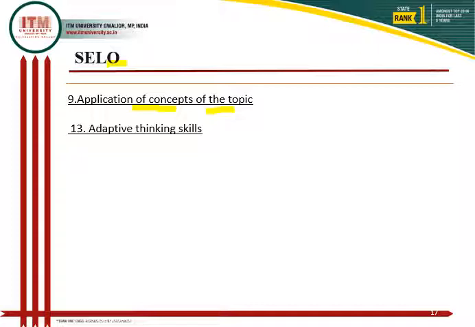And the second one is adapting thinking skills. Keep thinking, as we have discussed the various types of saturated, unsaturated and aromatic compounds, which should be judged with respect to the quality of the crude oil. Understood? So keep thinking about all these aspects we have discussed.